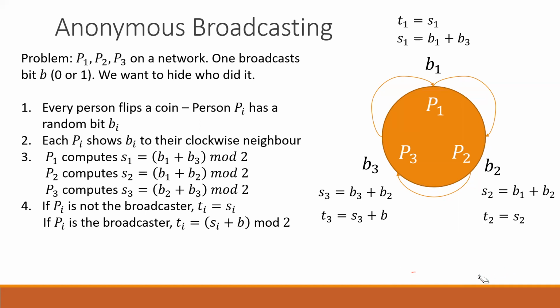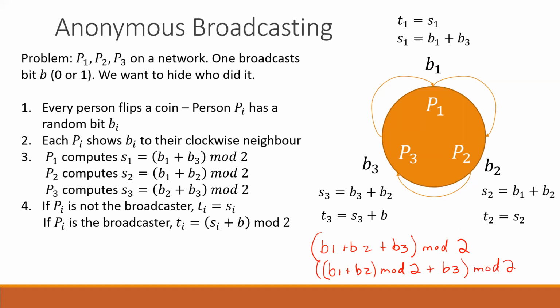The other thing is, if I do B1 plus B2 plus B3 mod 2, that's the same as saying B1 plus B2 mod 2, plus B3, and then that whole thing mod 2.